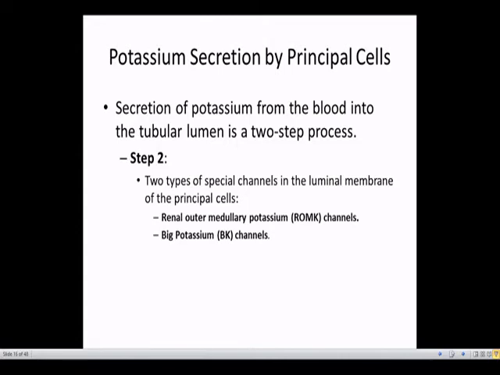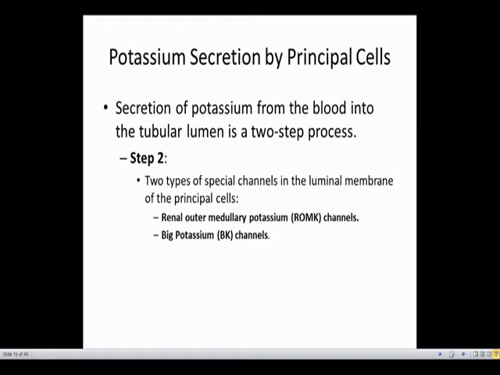The luminal membrane of the principal cells is highly permeable to potassium because of two types of special channels in the luminal membrane of the principal cells.